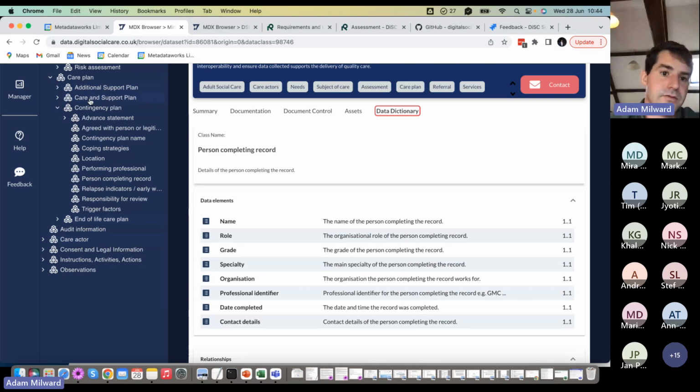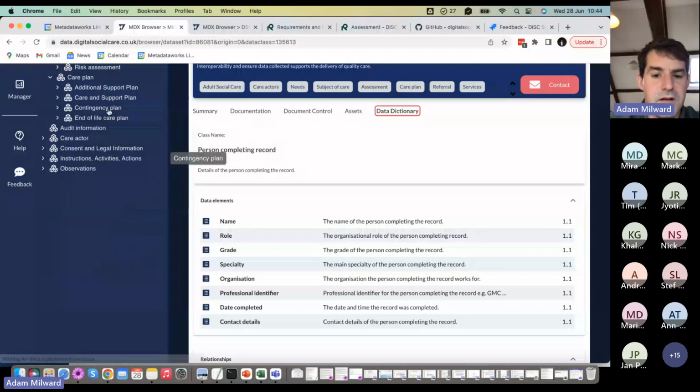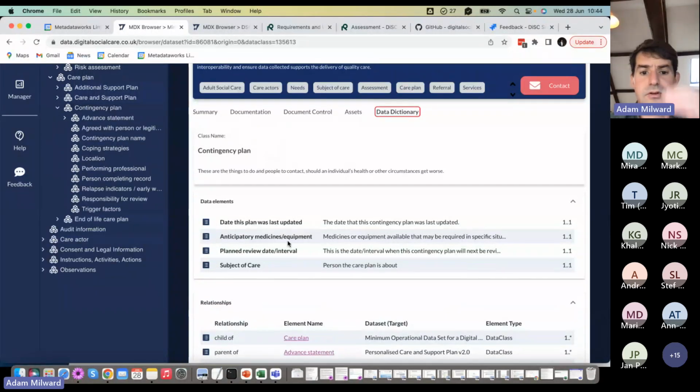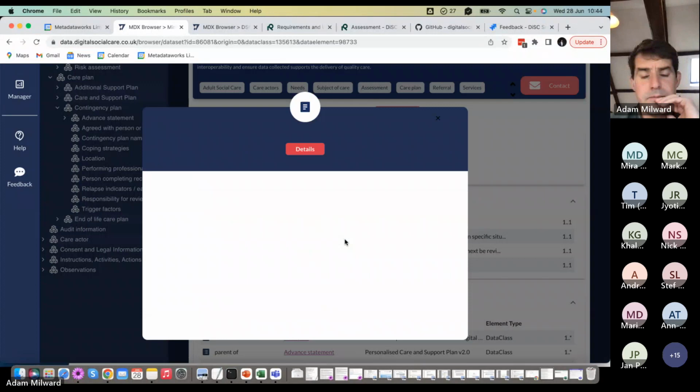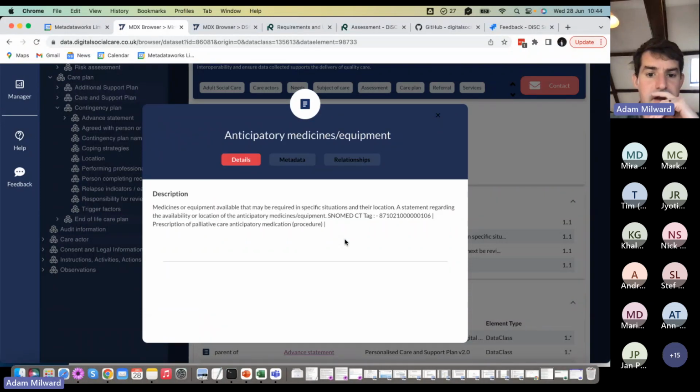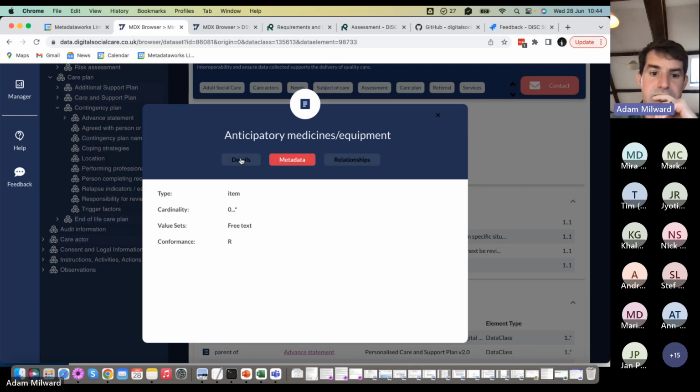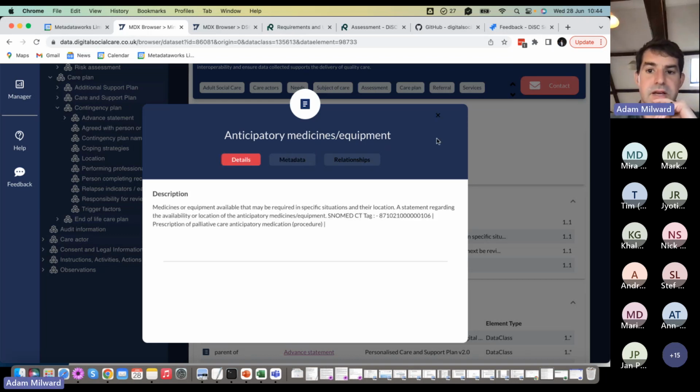Within the contingency plan, we've got some information about anticipatory medicines. There are already models for medications, so do we want to be linking into the existing models that are there, or do we just want to be taking the codes that are out there?